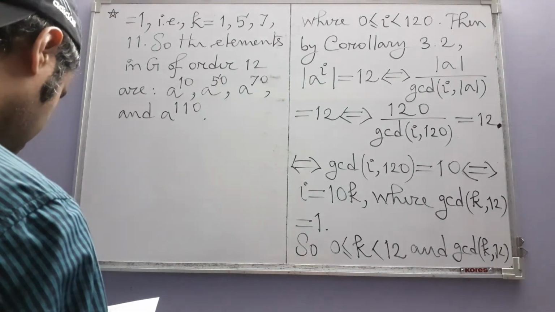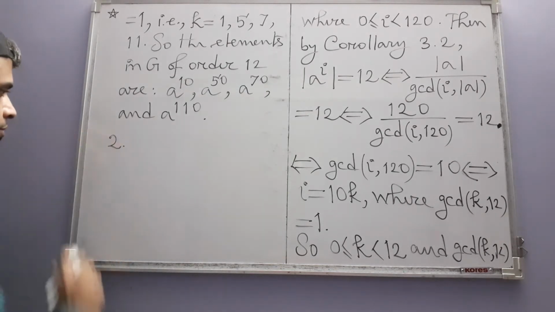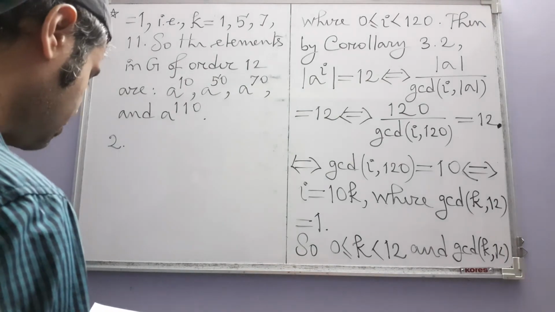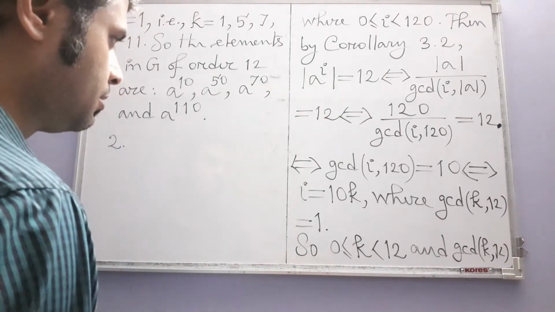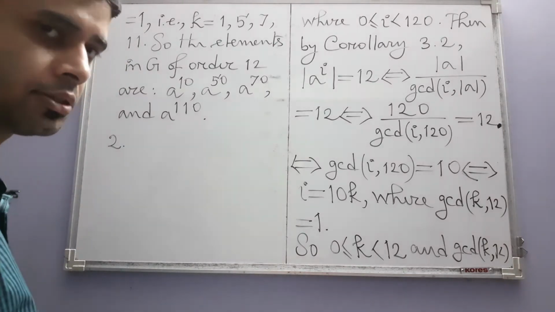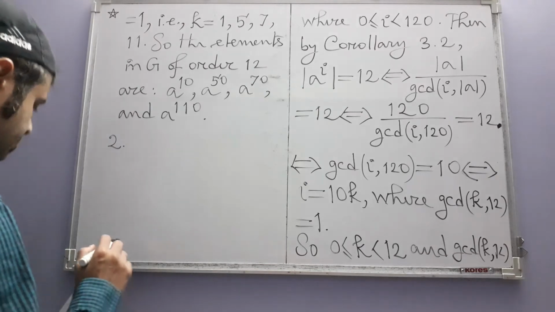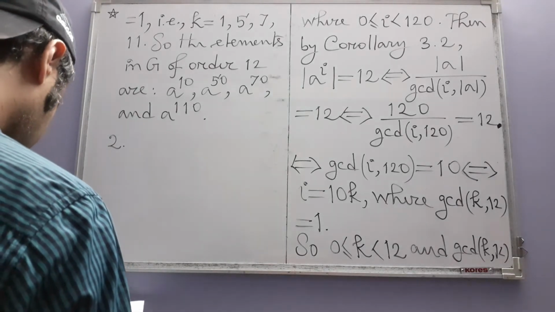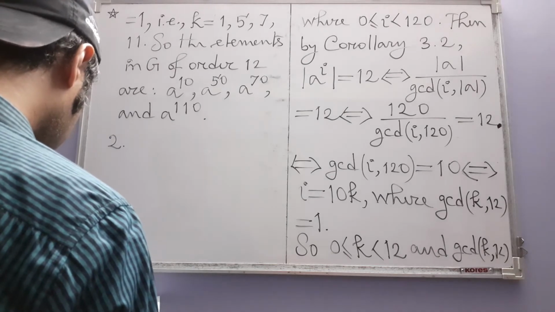Then we come to the second part. How many elements of order 12 are there in a cyclic group of order 1200? And for this there is a direct formula, right? I have not written the result here.